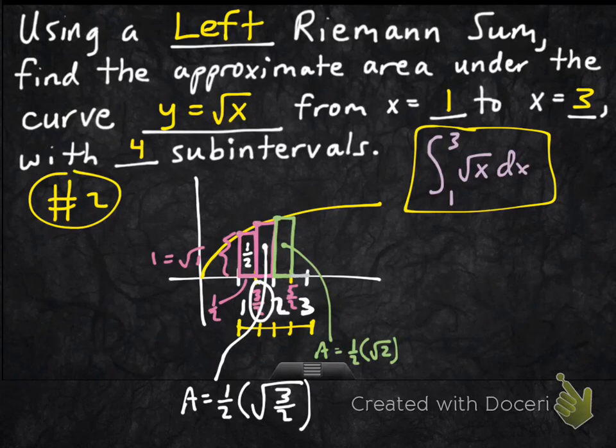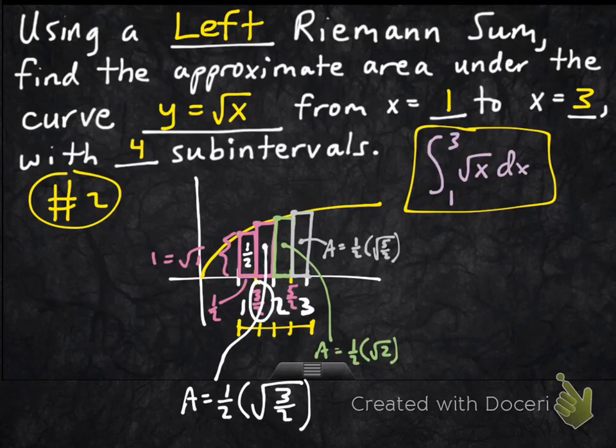So our final subinterval would be from 5/2 to 3, and then we go all the way up from 5/2 and finish our rectangle. The area of this rectangle is 1/2 multiplied by f of 5/2, and f of 5/2 is the square root of 5/2, because the function's value depends on the input, and the input on that one is 5/2.